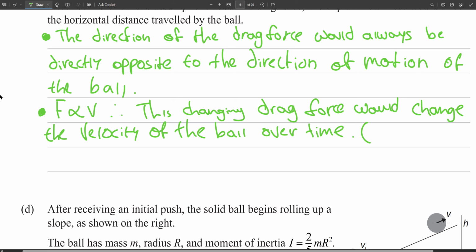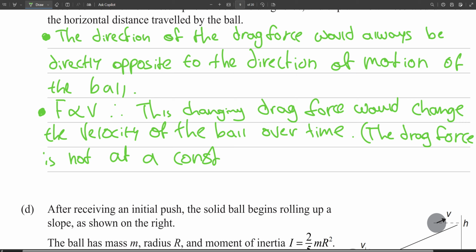Or in other words, the drag force is not at a constant magnitude.